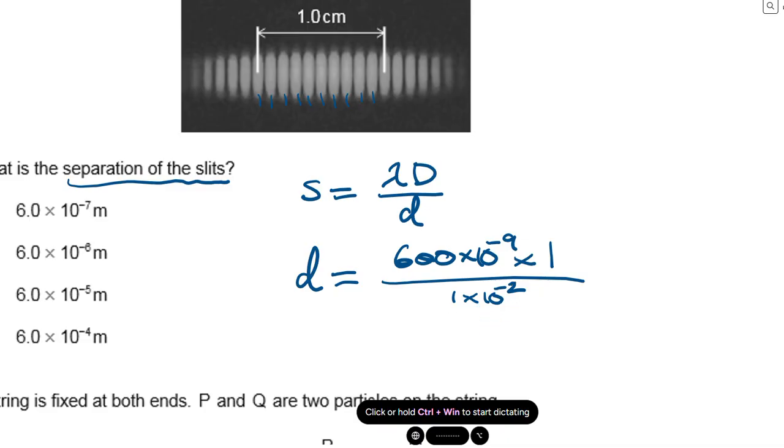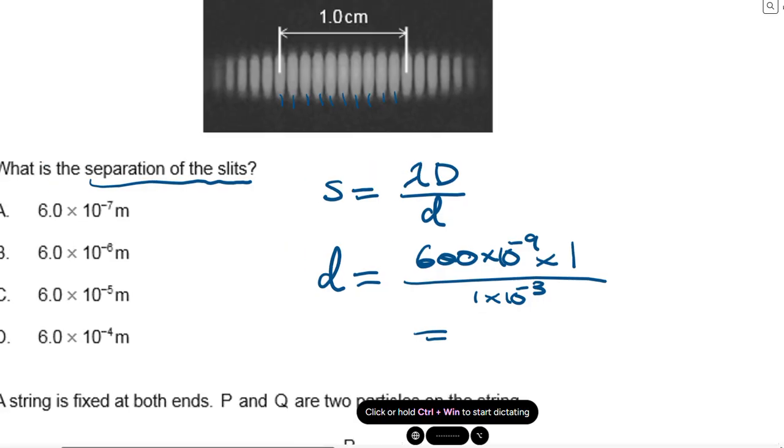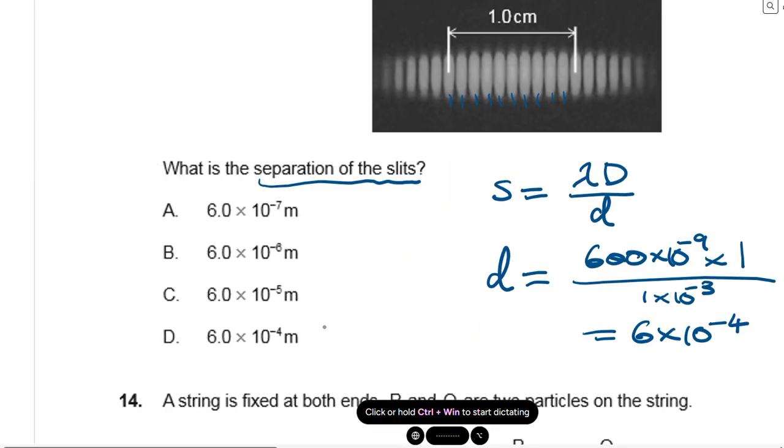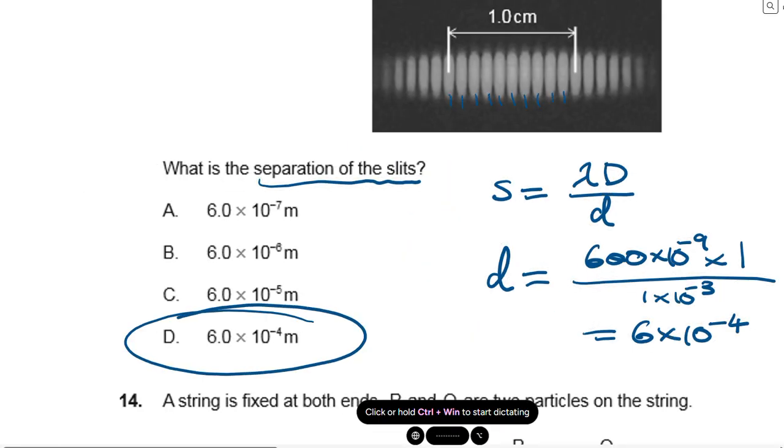And so what we have is times 10 to the negative 3. And so what you get doing that, and you can bring this up and make it 10 to the power of 3, just use your calculator and you get 6 times 10 to the negative 4. And so our answer is D. That's our separation.